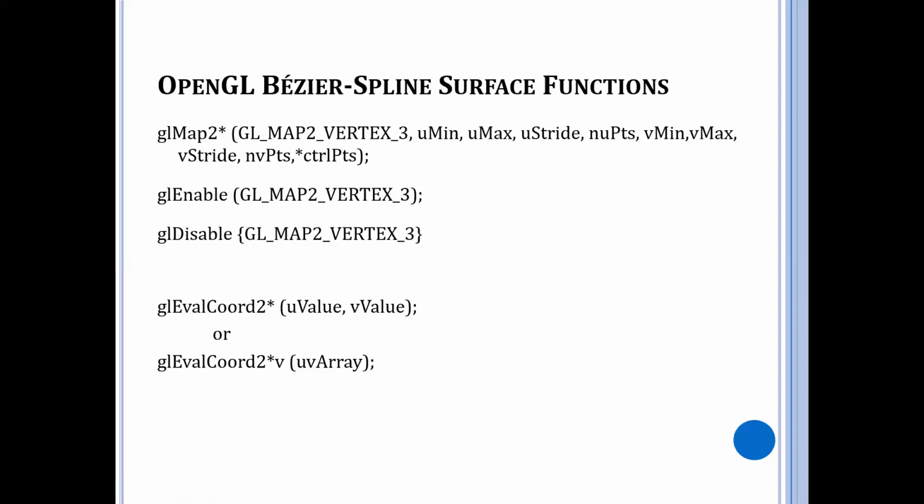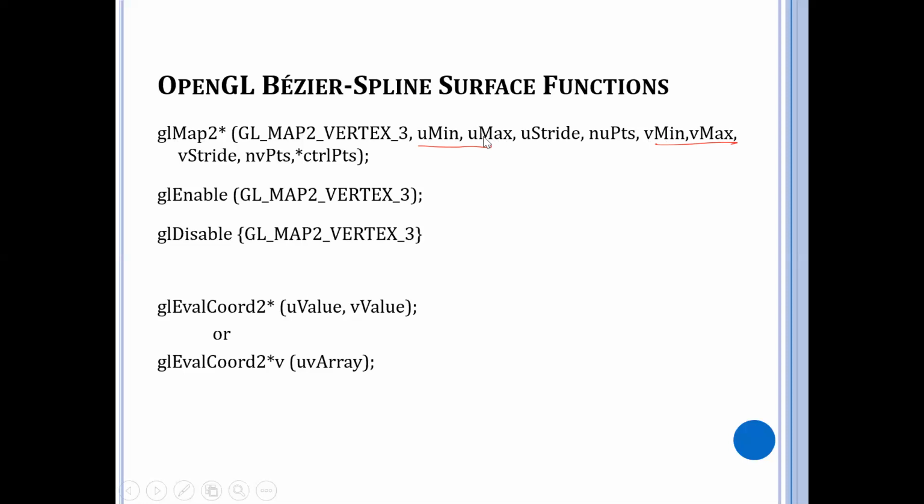Next, for a surface, we specify the minimum and maximum values for both the parameter u and the parameter v. So we have u minimum, u maximum, v minimum and v maximum.